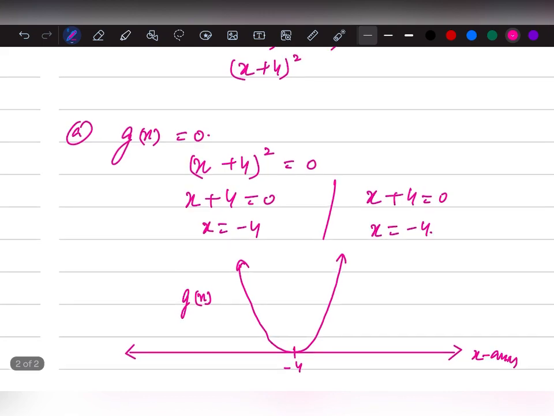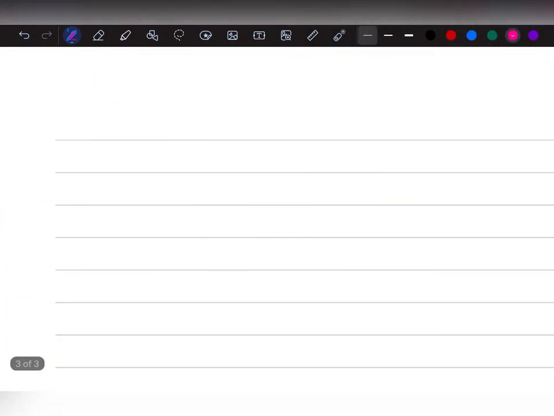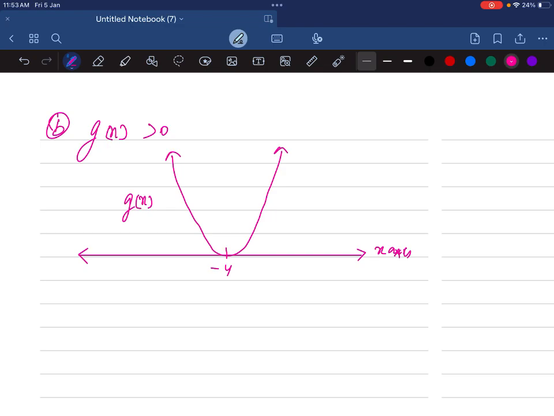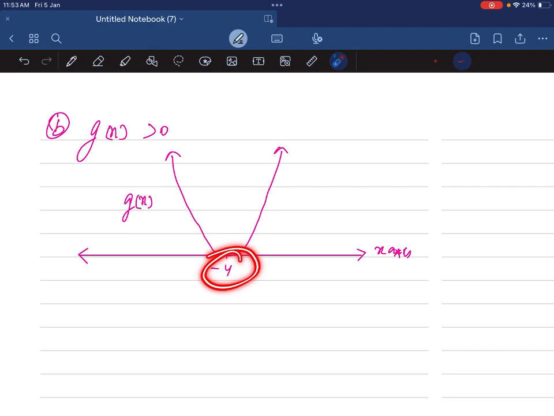Now for the second part, we will find out when g of x is greater than 0. You can see that for all the values of x, the graph is above the x-axis, except for negative 4, because there it is 0.